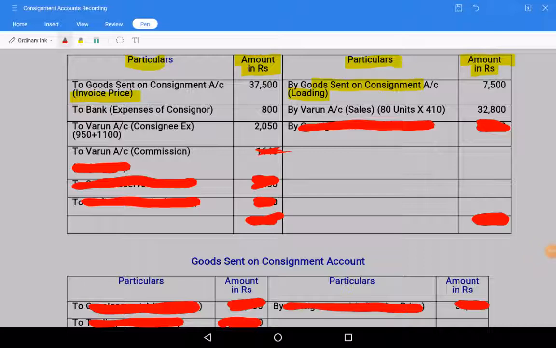So to Varun, amount is 1640. How you will get 1640? 32,800 into 5%, 1640 we have got.